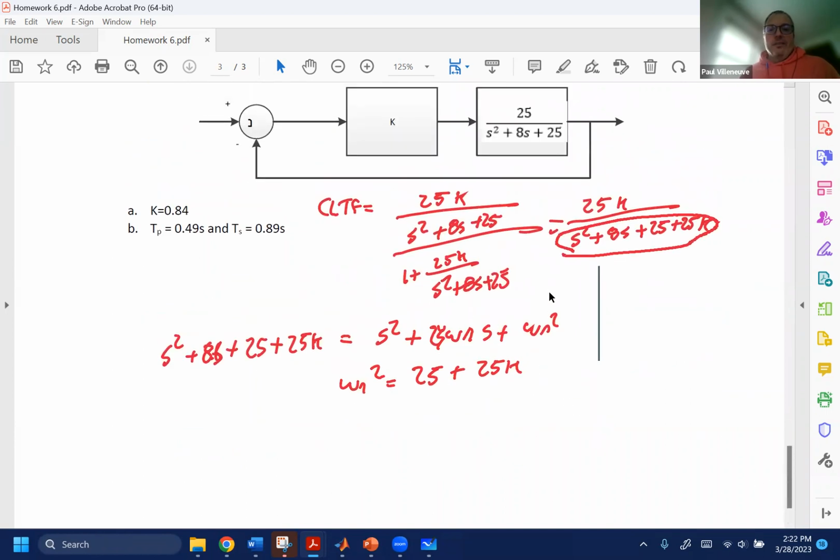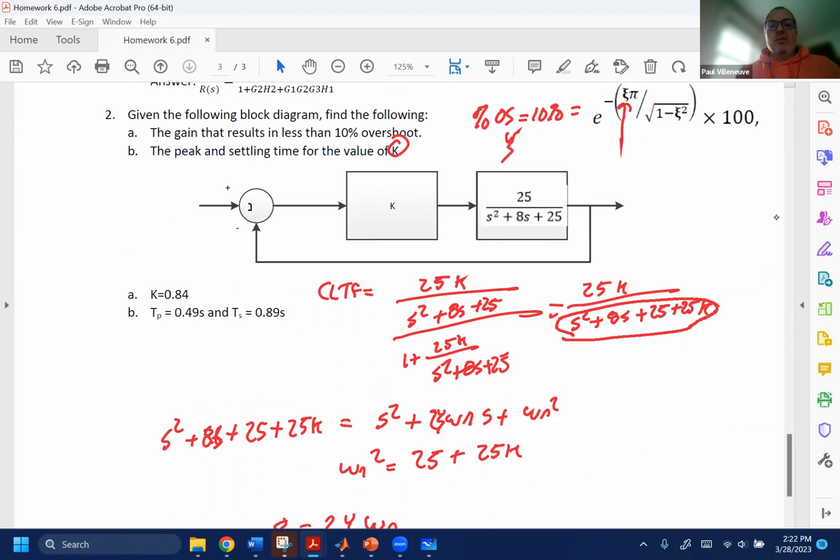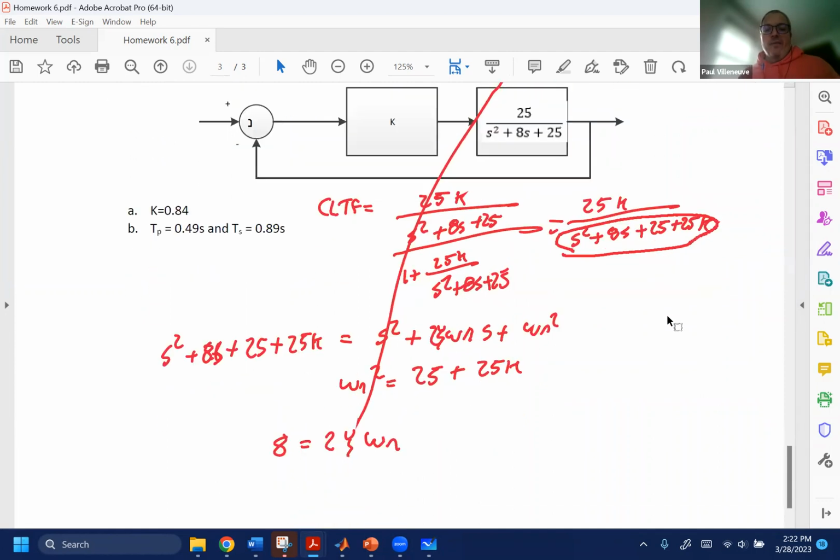Now you're going to solve for omega sub n by taking the square roots of both sides. Once you have that, 8 is going to be equal to 2 zeta omega sub n. So you know the value of zeta; you substitute that into here, and that'll let you solve for your value of omega sub n.